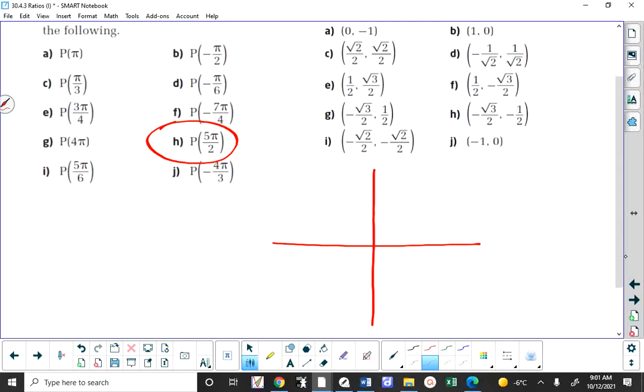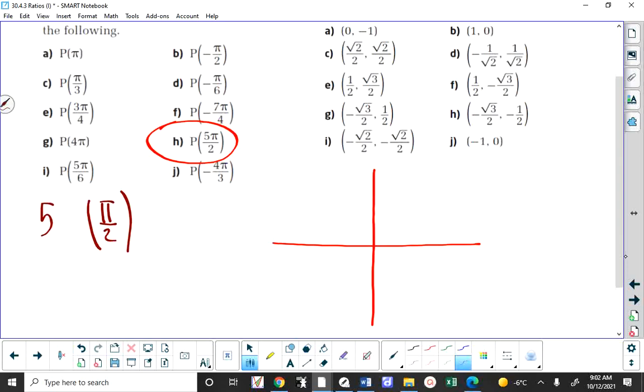Okay, the angle is a road map to get you to a specific place or location, and it's wherever the terminal arm is. Now, 5 pi over 2, in my mind, I think of that as 5 pi over 2, and my mind immediately then says pi over 2 is a 90-degree slice.